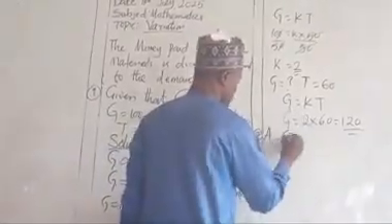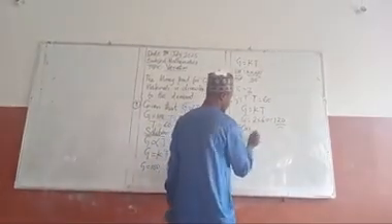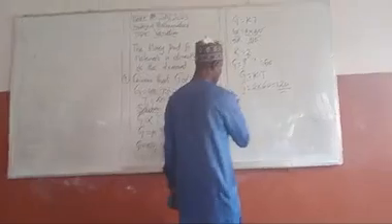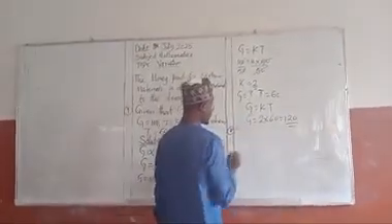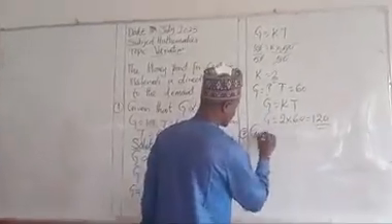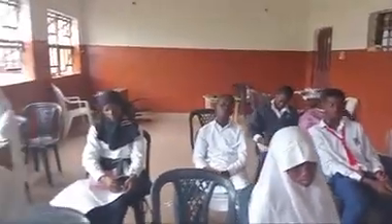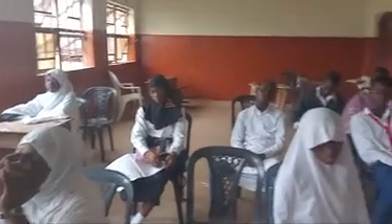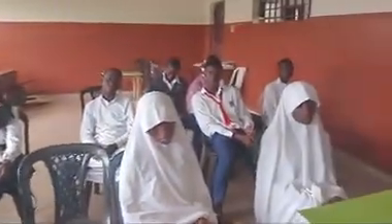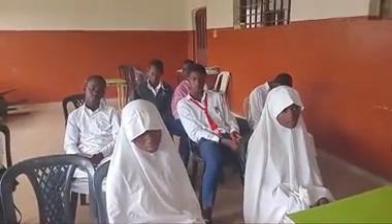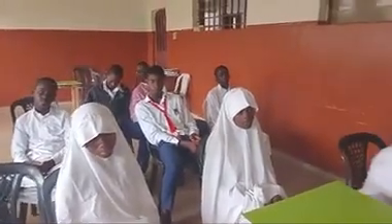Given that P is directly proportional to Q, and P is equal to 30 when Q is equal to 300.